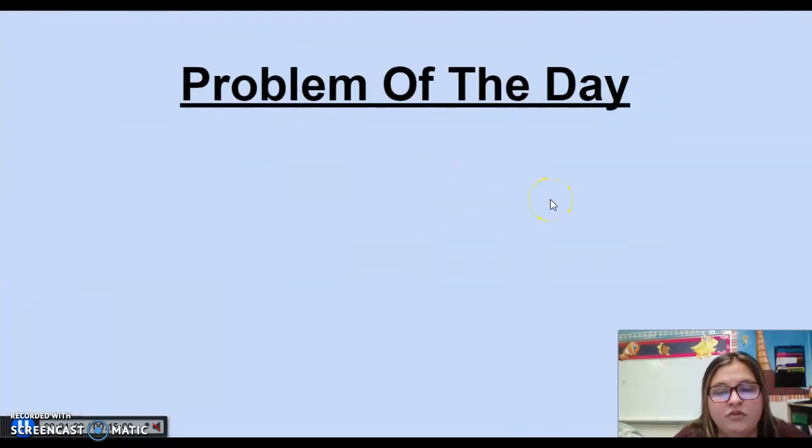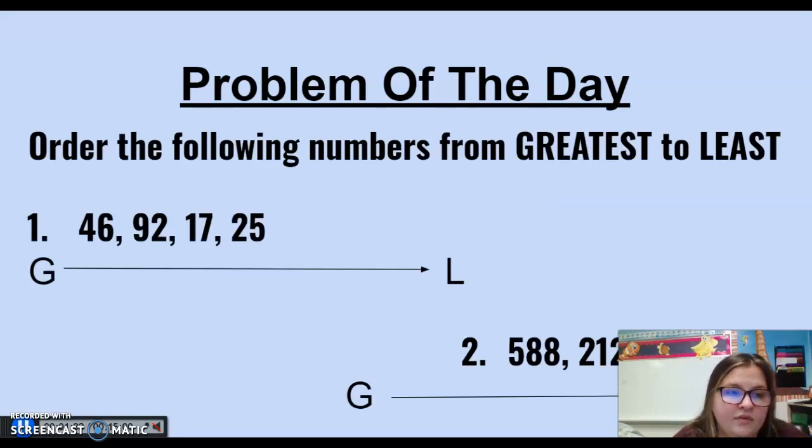All right, hopefully you finished your problem of the day and let's go over it now. Okay, for number 1, it says 46, 92, 17. So the biggest number in that one will be 92, because if we look at our place value chart, 9 has the greatest value in the tens place, so 92 goes first.